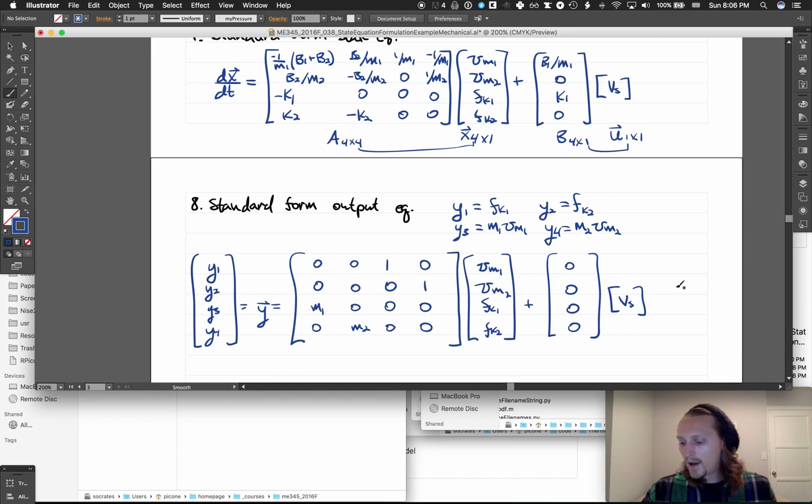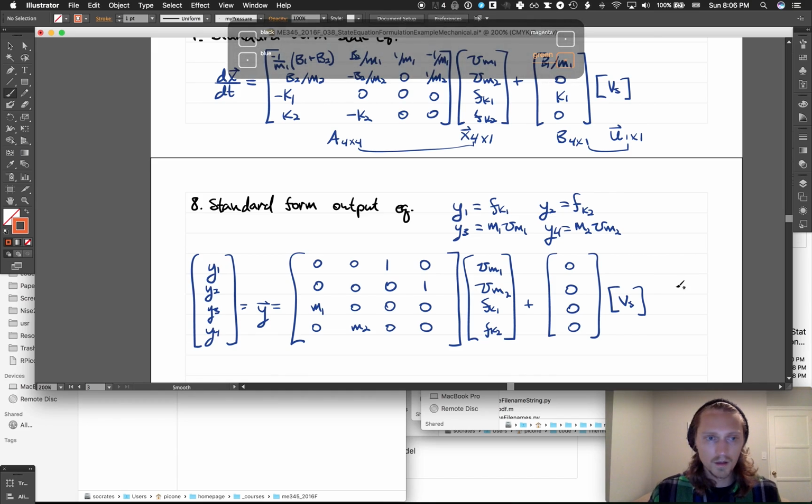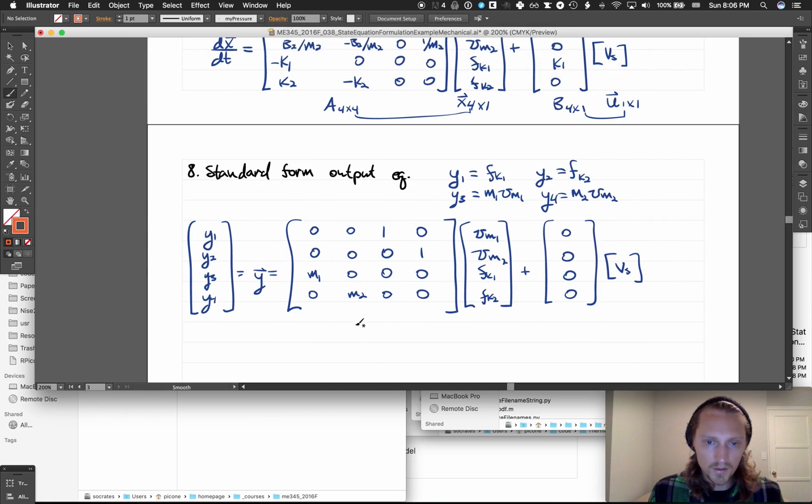And so now we have our C matrix, which has to be a 4 by 4, because it has to come out with 4 outputs, multiplying a state vector.